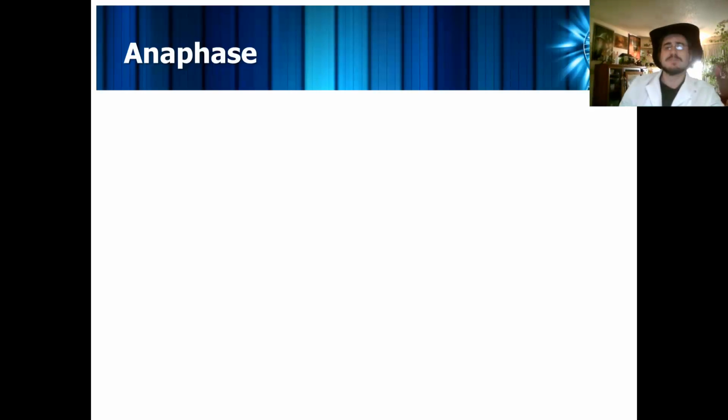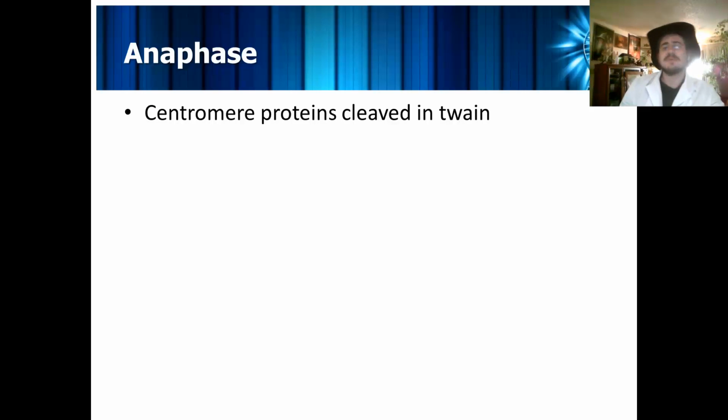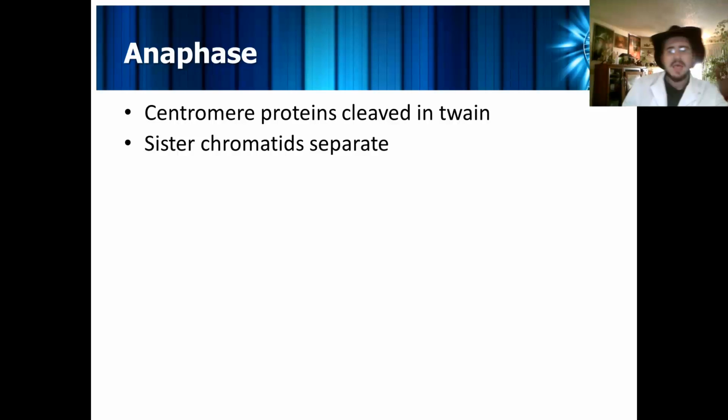The centromere is split, and the sister chromatids separate. So if these are my identical chromatids, and this knuckle here is the centromere, and they're joined there, this is my chromosome.